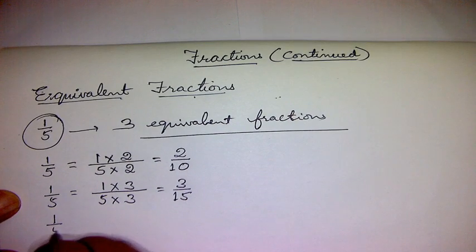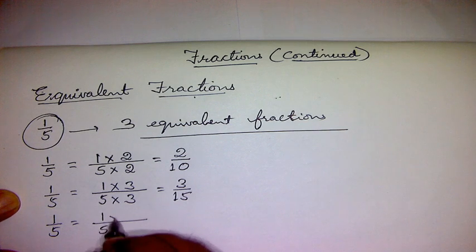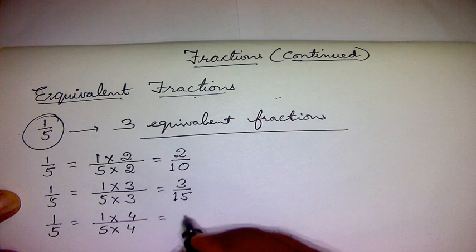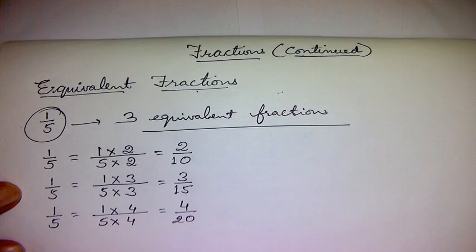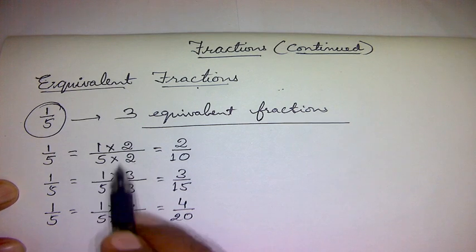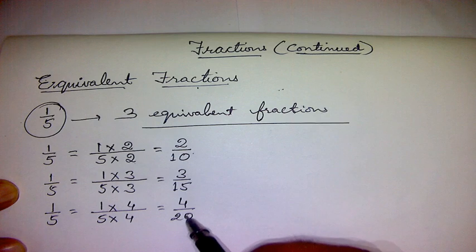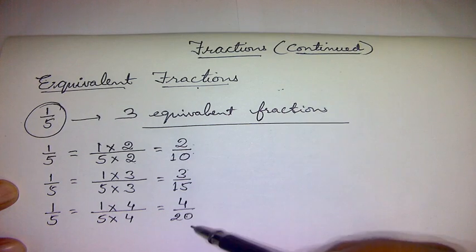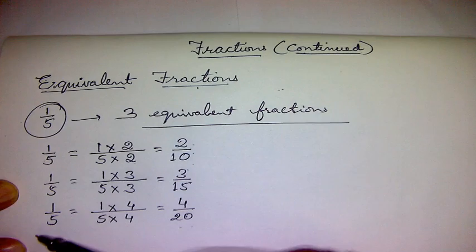Next, if you multiply it by 4, though you can multiply it by 5 also, we get 4 upon 20. So you can see that when we multiply both numerator and denominator by any one value, we get a new fraction, and these fractions are the equivalent fractions of 1 upon 5.